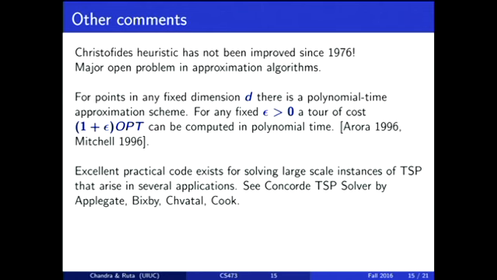There are many generalizations, right? So that's an important result. And in practice, metric TSP, geometric TSP instances are fairly well solved because of this huge effort. There's something called the Concorde TSP solver by these famous authors, Applegate, Bixby, Chvátal and Cook. They have a book, they have code.